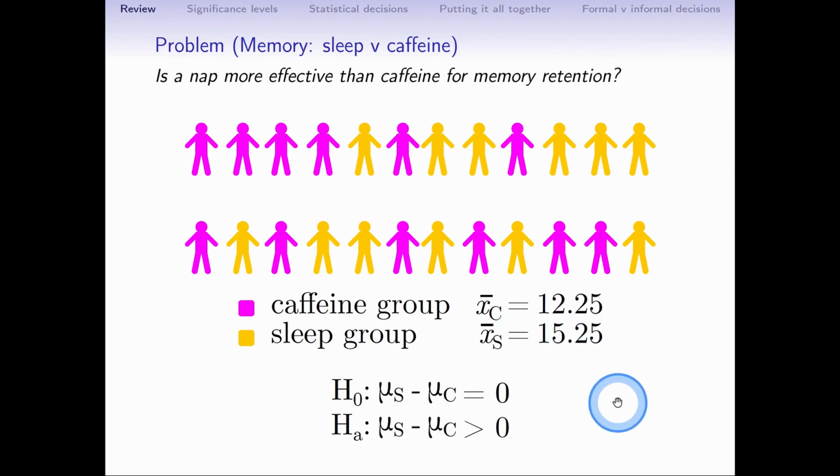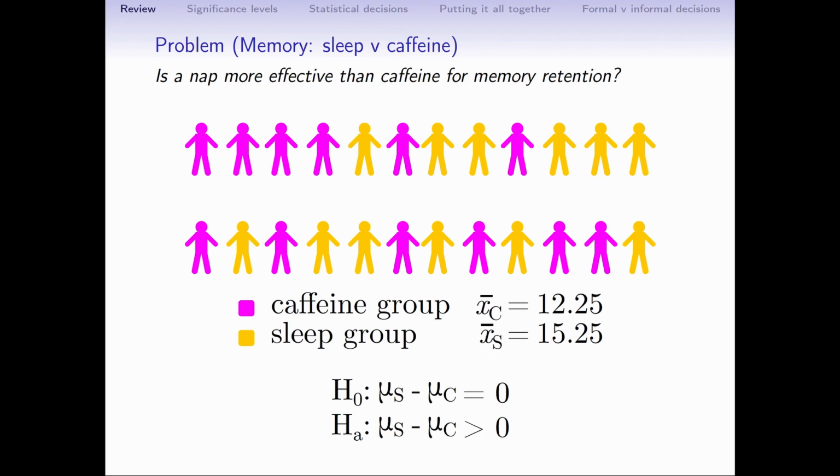So this gives us a test statistic of X bar sub S minus X bar sub C, which will be 15.25 minus 12.25, or 3. And so the question for us is, what is the p-value of that observed difference? What is the p-value associated with that observed difference of 3?